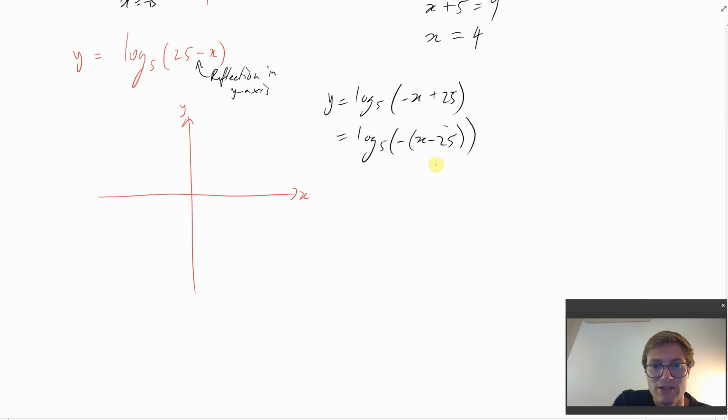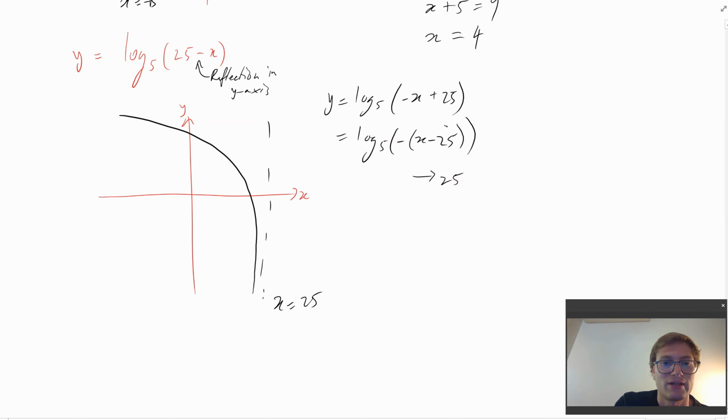Okay, as you can see, it's actually gone in the positive direction, 25 units, but it's been reflected over the y-axis, that side-to-side reflection. So first the asymptote, which is at x equals 25, and this one has actually gone that way. It's been reflected that way.